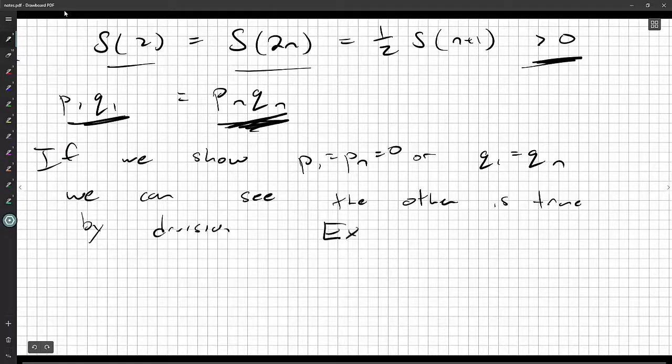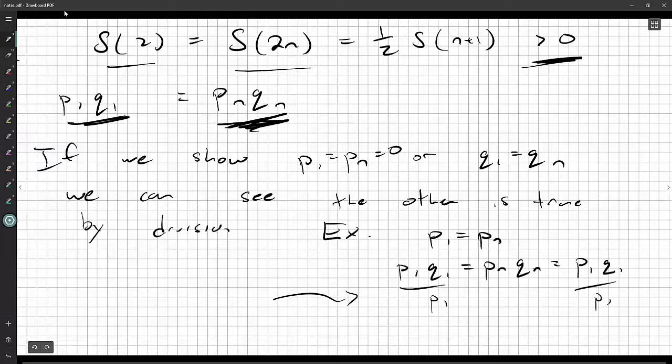If you're trying to explain this and you don't think anyone's going to get it, just show as an example if P1 is Pn. Just divide by P1, and then make the comment P1 is not 0, since S2 is not 0. And then you get Q1 is Qn.